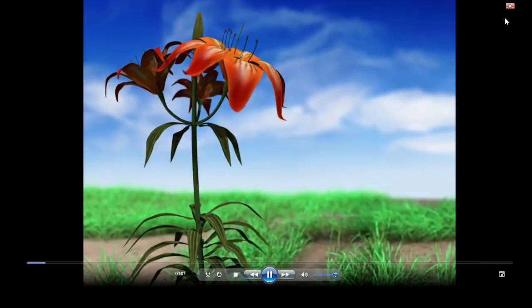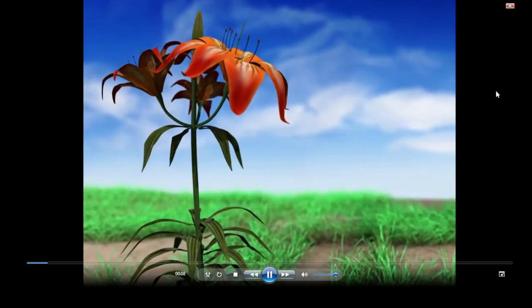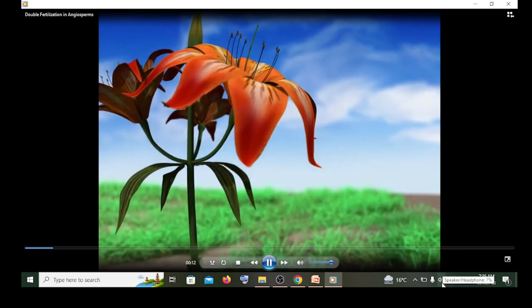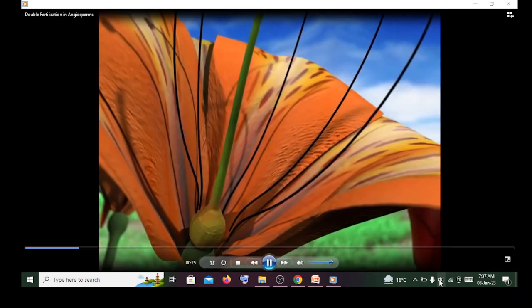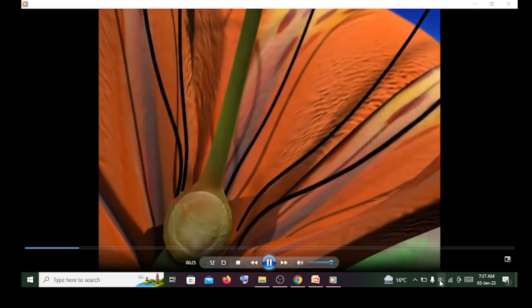Flowering plants undergo a unique reproductive process where there are two fertilization events. This double fertilization event occurs between the male reproductive organ, the male gametophyte, and the female reproductive organ, the female gametophyte. Before the fertilization event can occur, the ovule has to undergo some changes. At present, the ovule contains one reproductive cell, known as the megaspore mother cell.